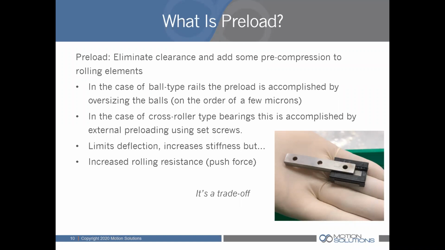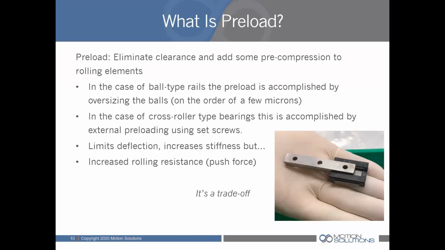Now, they generally offer normal clearance, which would be a range of anywhere from a couple of microns clearance to a couple of microns of preload. That's what they call normal. And then you go to specific preloads. With the smaller type of rails, the smaller 2-row type of bearings, you're generally only allowed a light preload, which guarantees, say, a micron to maybe 3, 4, 5 microns of preload on the bearing.